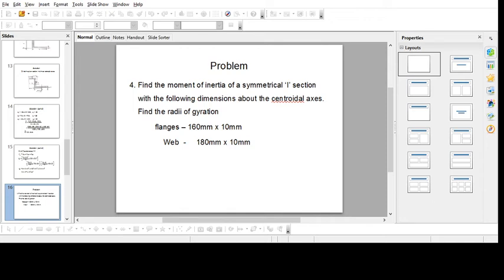So this is your I section. Its flange is 160 into 10, both flanges, bottom flange is 160 into 10, top flange is 160 into 10, and the web is 180 into 10.